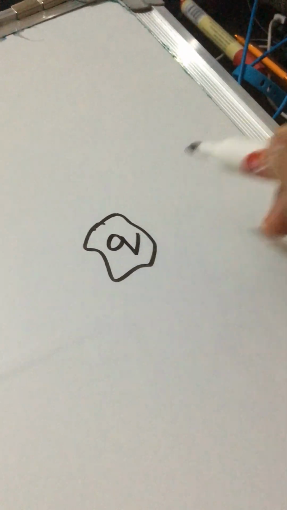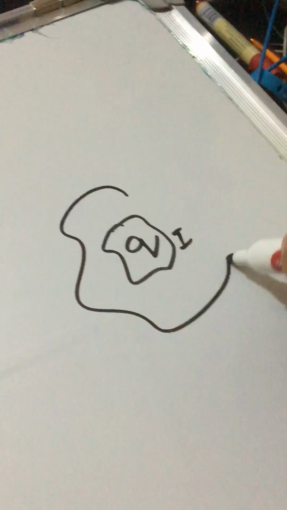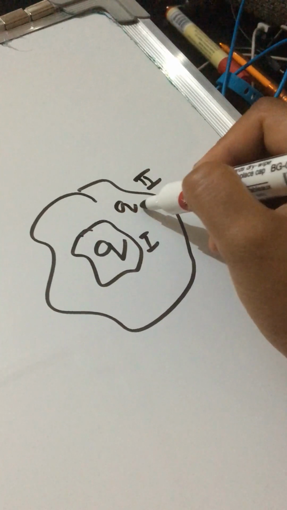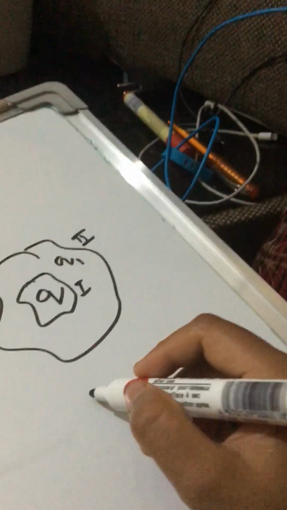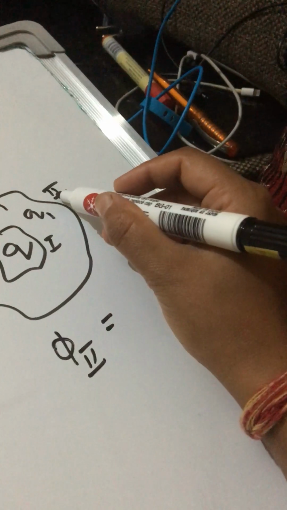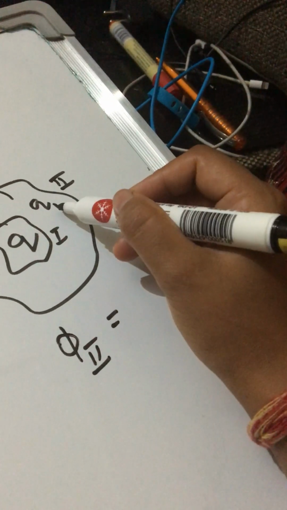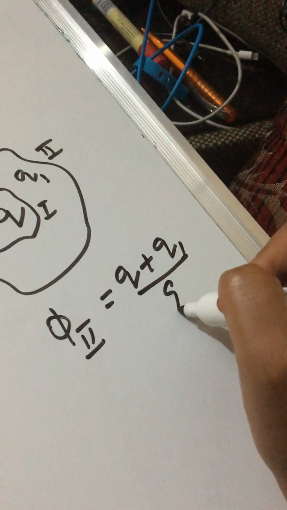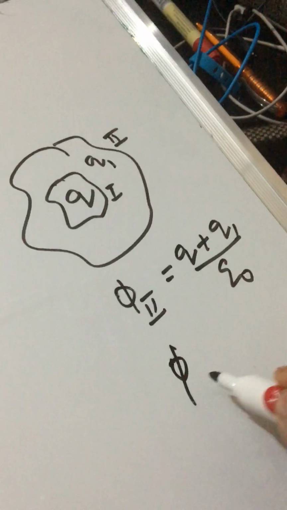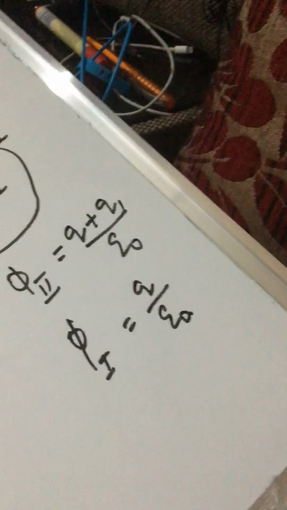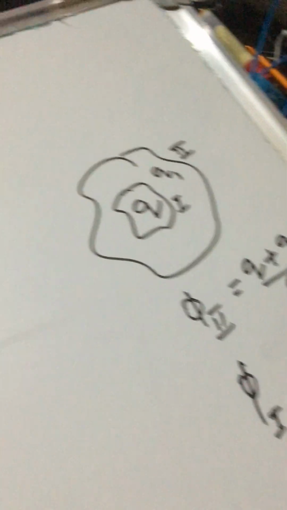Say for example, here is one surface around Q, surface 1, and here is another surface, let's say 2, and here it carries another charge Q1. Then what is the flux through 2? How much charge is enclosed by 2? Charge enclosed by 2 is Q1 and Q, right? So the charge enclosed term is very important. While for 1 it is Q by epsilon naught, right or not? I hope we are clear with it.